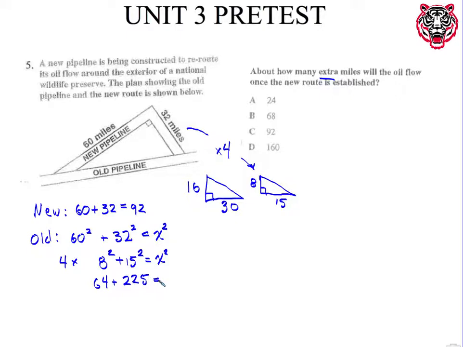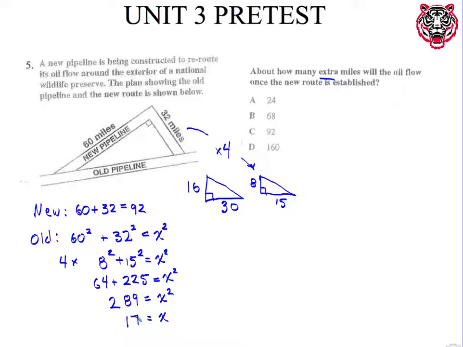You got it. 225 is equal to x squared. So adding these up, I get 289 equals x squared. Does anyone know what squared gives you 289? There it is, yeah, 17.